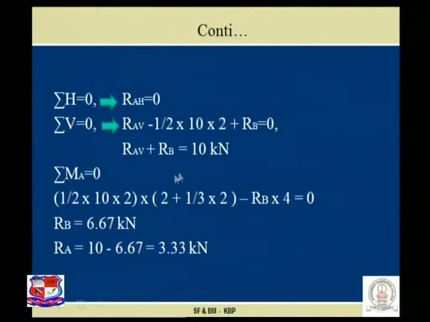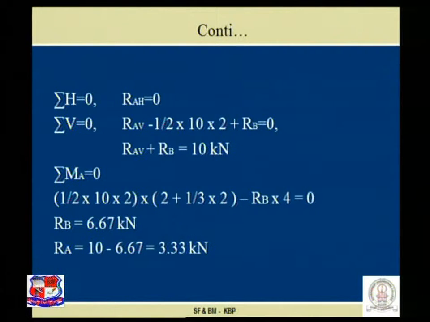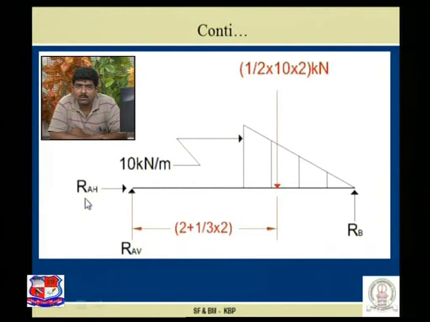In these equations once again there are two unknowns, RAV and RB, hence to obtain the answers of RAV and RB we have to take a moment at a certain one point. Let us take the moment at A. While we take a moment at A, the moment because of RAH and RAV are 0.